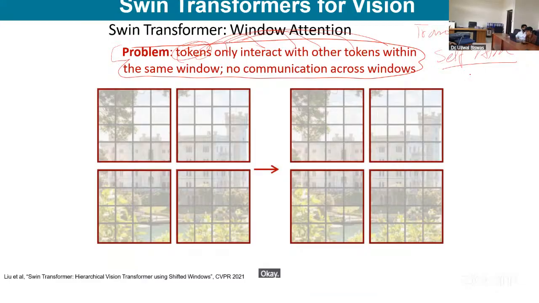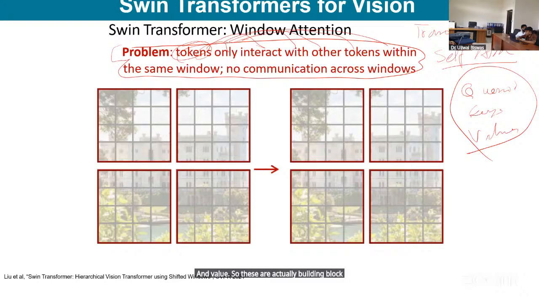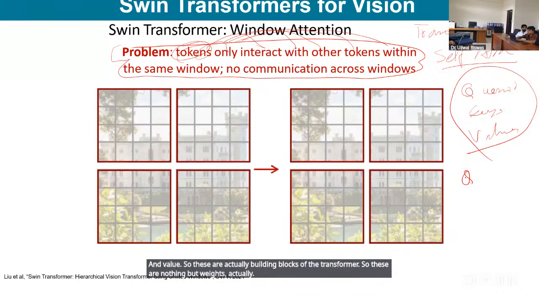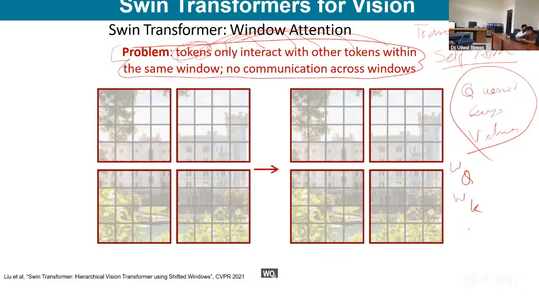For that purpose, we introduce something called queries, keys, and values. These are the building blocks of the transformer. They are nothing but weights: WQ, WK, and WV.